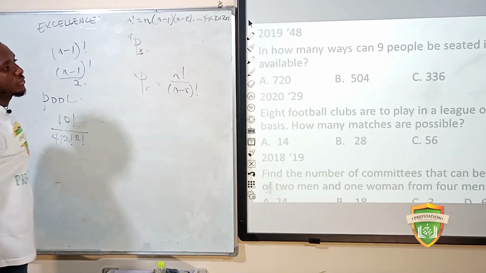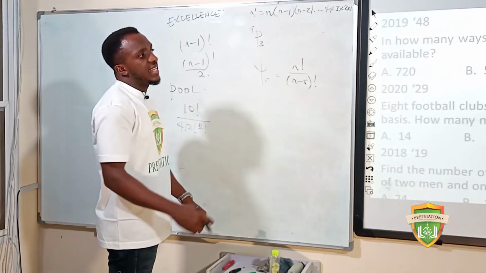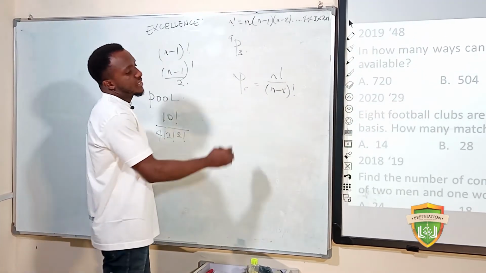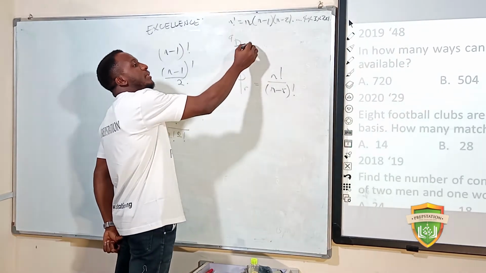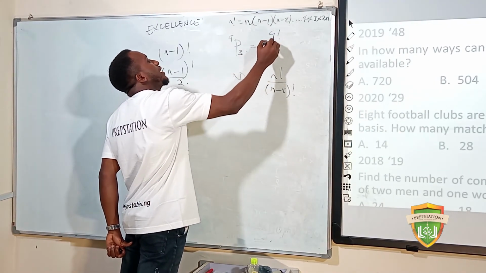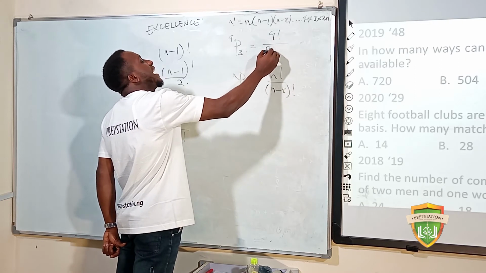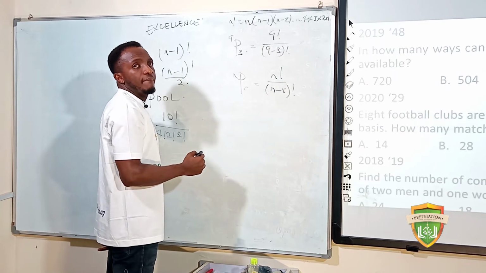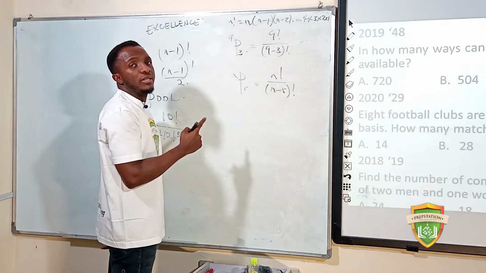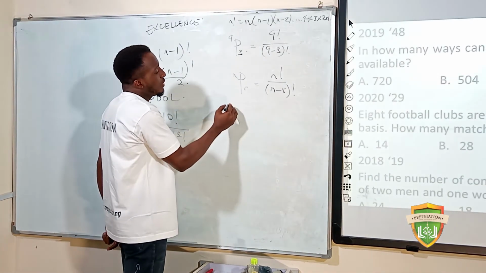So let's solve this question. 9 people seated if 3 chairs are available. So that's simply 9 permutation 3. Now this is simply 9 factorial over 9 minus 3 factorial. So let's solve that.